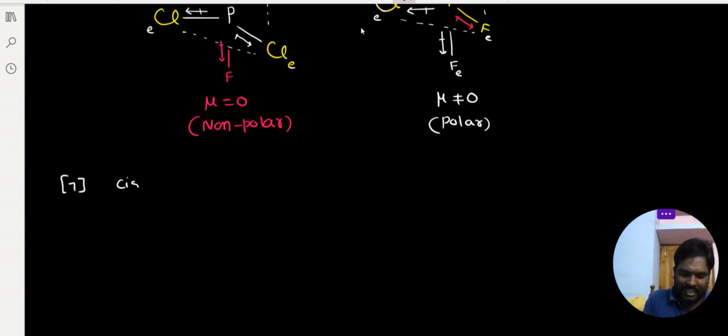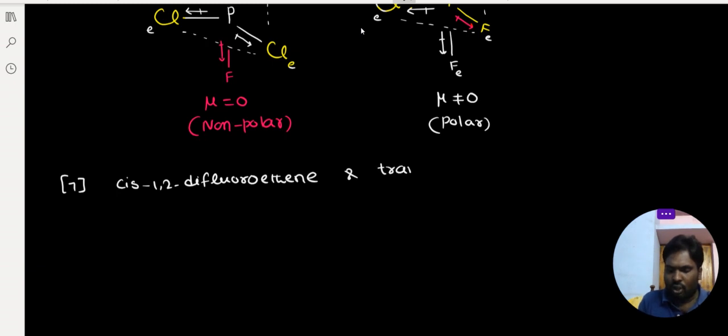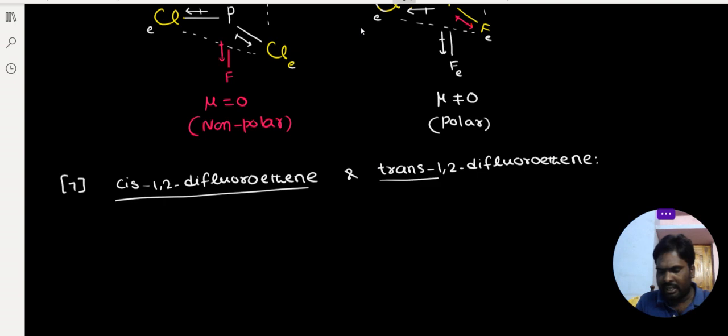Cis 1,2-difluoroethene and trans 1,2-difluoroethene. So now, cis alkene and trans alkene.